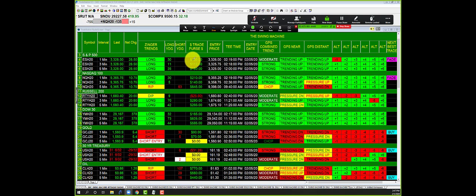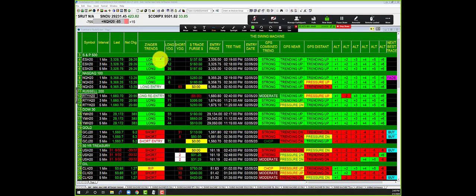Now, your stop off of the Swing Machine. We're going to talk about stops again on the chart. But you are in this trade long. If the 1 minute goes into a dip, do you close? No. You could, but that's not your hard stop on the Swing Machine, and we would encourage you not to trade that frantically.